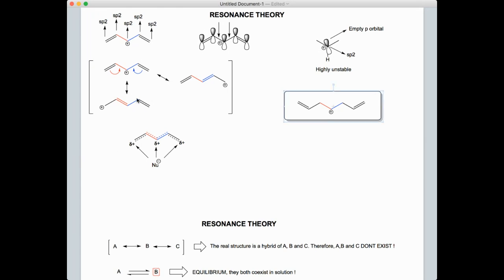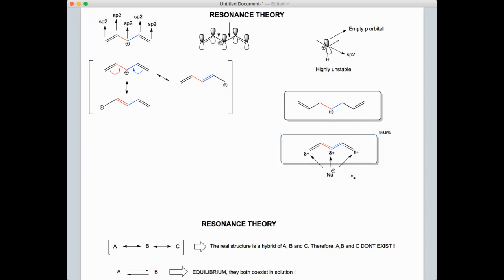So if you compare these 2 carbocations, I'm showing the hybrid here, because that's what it really is. I just said that carbocations are highly unstable because you have a carbon with 6 electrons in the valence shell. Therefore, those carbons are going to be really looking for completing electrons in the valence shell. Okay, so carbocations are highly unstable.